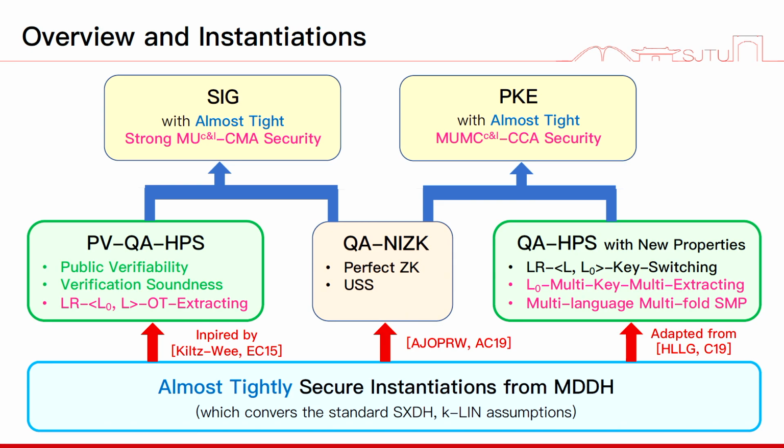And we instantiate QA-NISIC by the scheme proposed by Abe et al. And we instantiate the QA-HPS with new properties by adapting the scheme proposed by Han et al. All the instantiations have almost tight security from the standard matrix DDH assumptions. And finally, this will give us the almost tightly secure signature and PKE schemes.